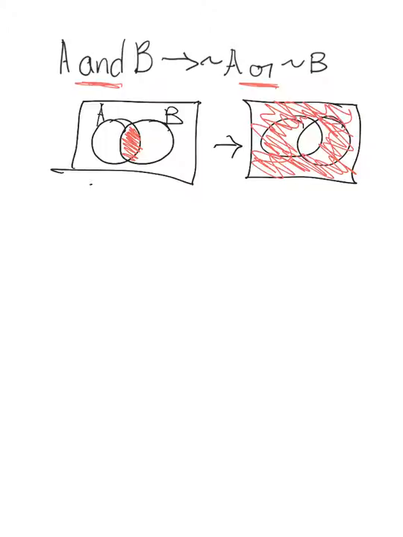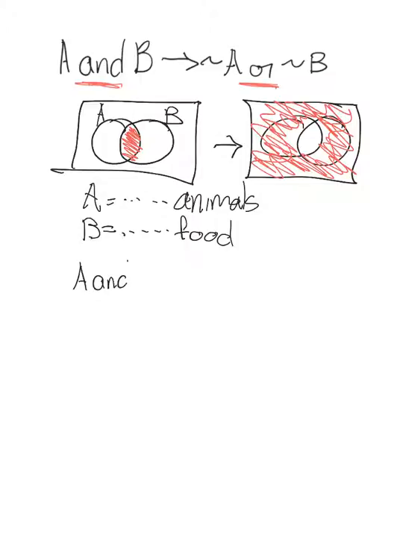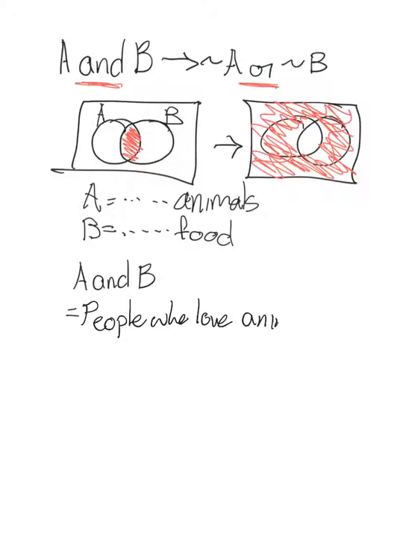Using the 2 definitions I laid out of A and B before, where A equals the people who love animals and B equals the people who love food, then A and B will equal people who love animals and people who love food.